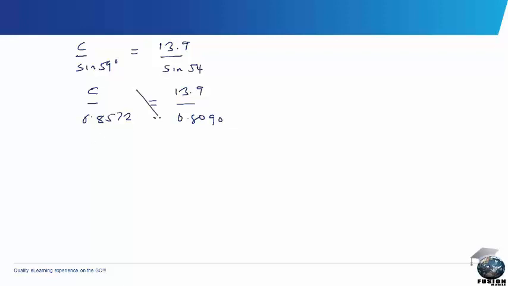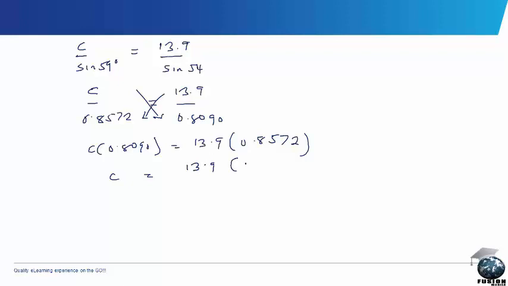We can cross multiply as usual, and so we have C times 0.8090 to be equal to 13.9 times 0.8572. And so C will be equal to 13.9 times 0.8572 divided by 0.8090.